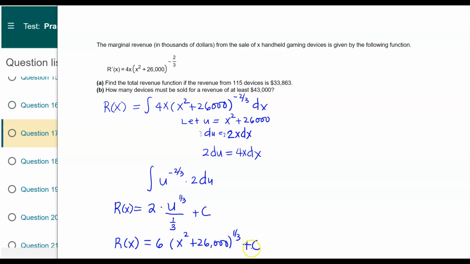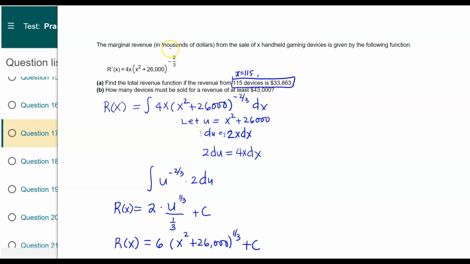Now the next step is to compute the constant c, and to do that we're going to use the initial condition here. In the initial condition given, it's 115 devices, meaning x is equal to 115. Now this is the revenue. The revenue for that will be 33,863.